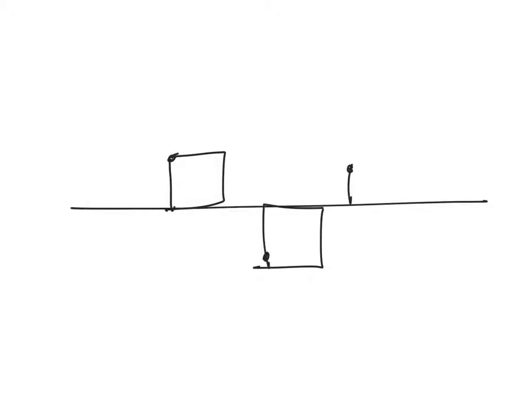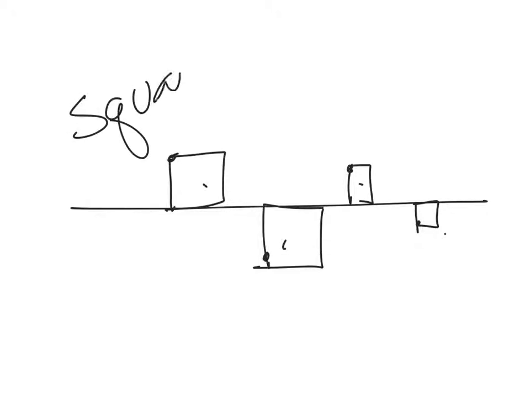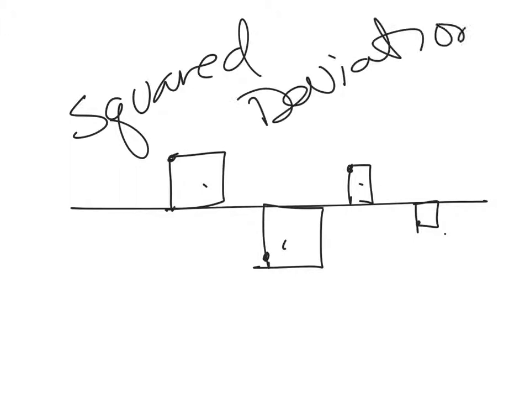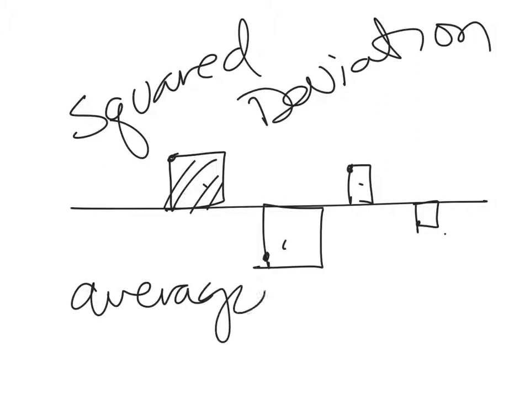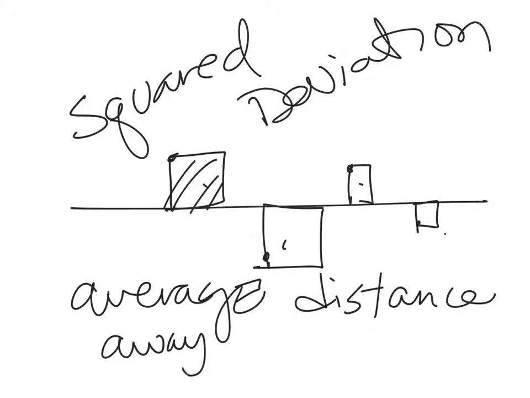Use this idea of taking squares and adding them up and looking at this squared deviation. We add them up and we look at the average of that squared deviation, and that's essentially what standard deviation is. It tells us on average how far things are away from the mean. Average distance away from the mean.